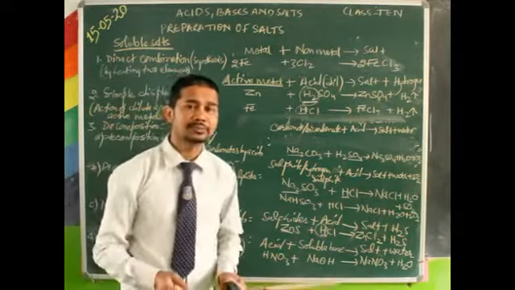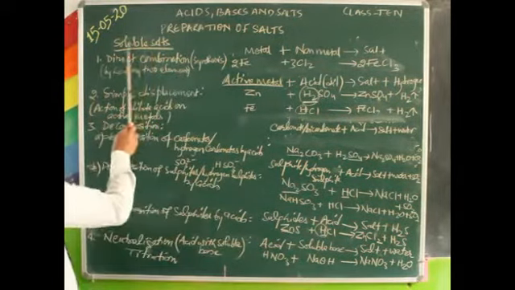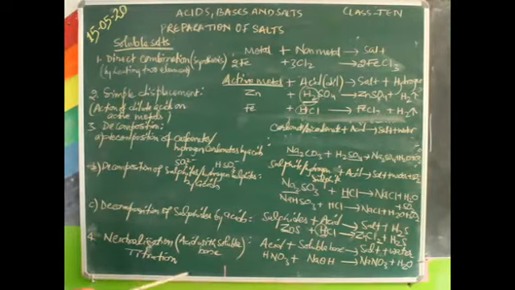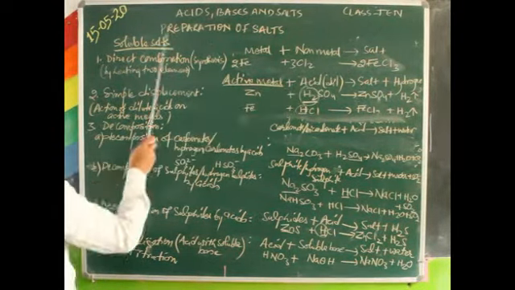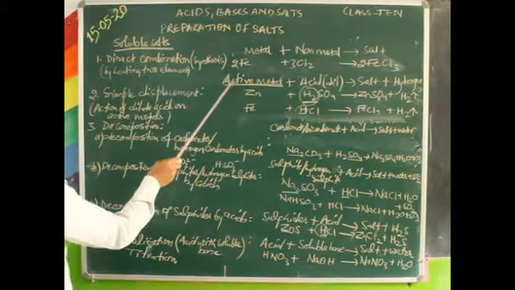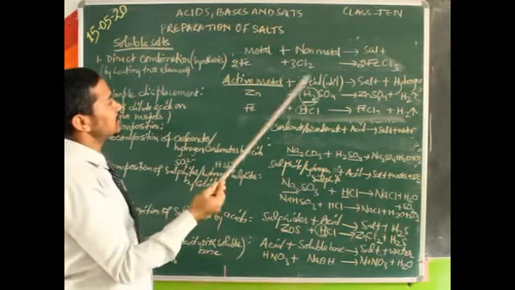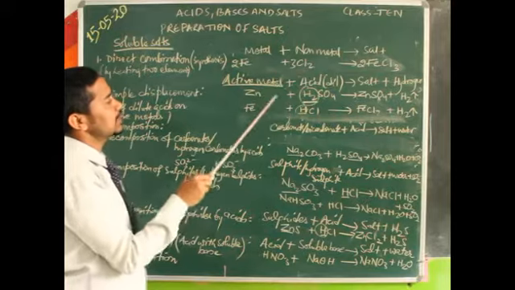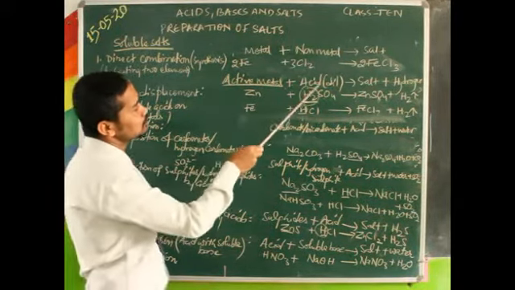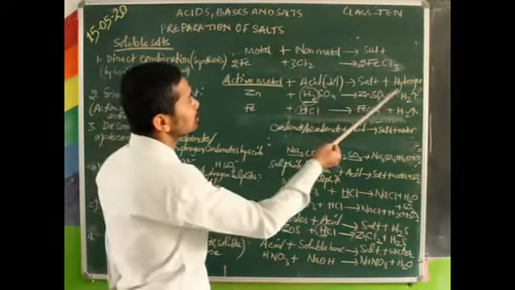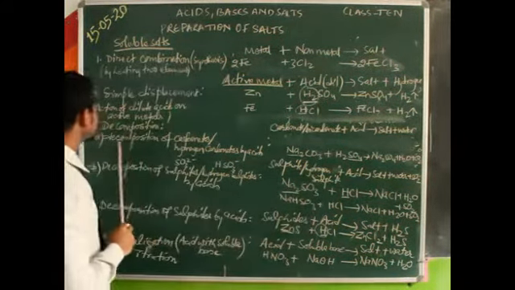Okay. Now, soluble salts. This way we can prepare soluble salts. Number 1, direct combination, metal plus non-metal gives salt. Number 2, simple displacement, only highly reactive metal. That means those metals which are reactive can displace hydrogen from acid to form soluble salt plus hydrogen gas. Then decomposition.